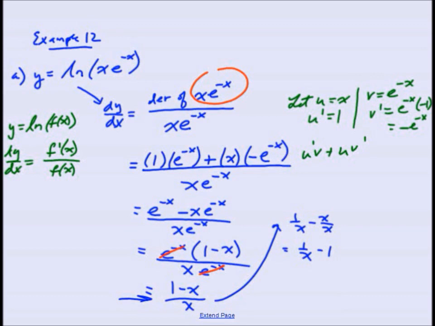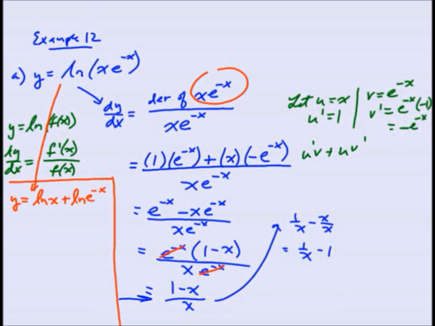Okay, another way of tackling this problem, and as we said before, there's going to be more than one way of doing things. Because we know our laws of logs, we could actually change this to y equals ln x plus ln e to the negative x. And maybe this has less steps in it.